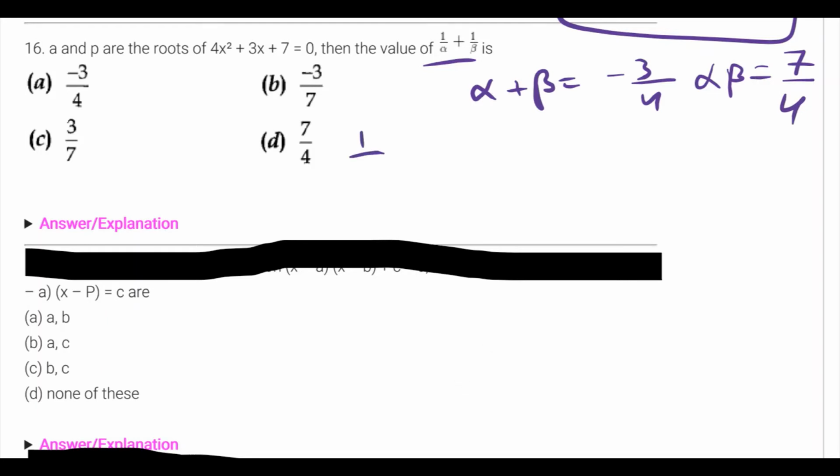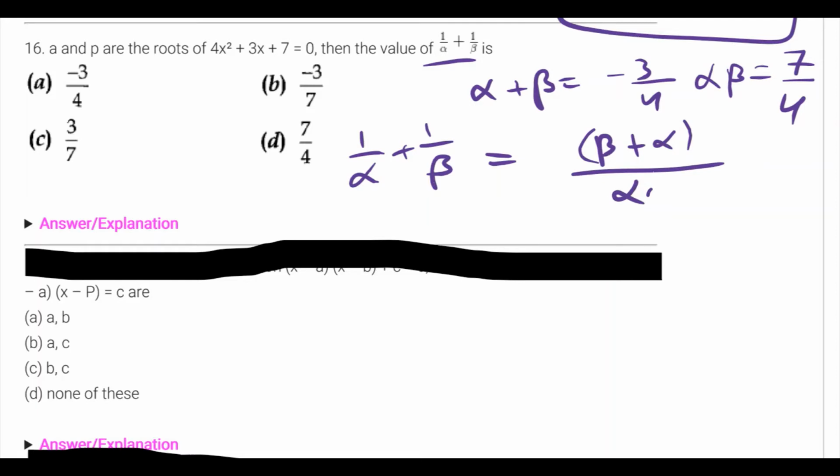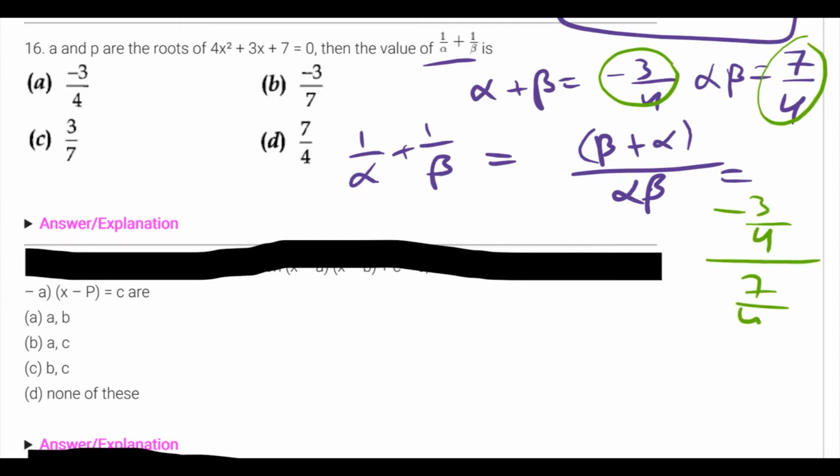We need to find 1 by alpha plus 1 by beta, that equals, taking the LCM, beta plus alpha by alpha beta, that equals the ratio of these two, that is minus 3 by 4 by 7 by 4. 4 gets cancelled and you get minus 3 by 7, option B.